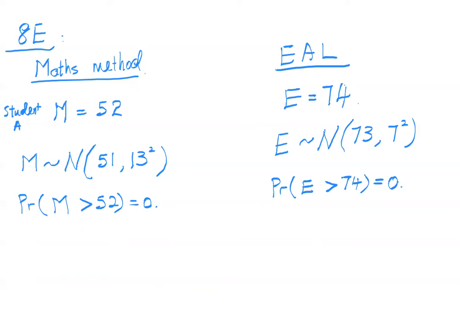Can I have the answer? Lower is 52, upper is 10 to the power 99, mean is 51, standard deviation is 13. Paste. 0.4867. Sorry, oh yes, you are right, I'm wrong. I typed 52. You are right, Bram, now I see my own mistake.